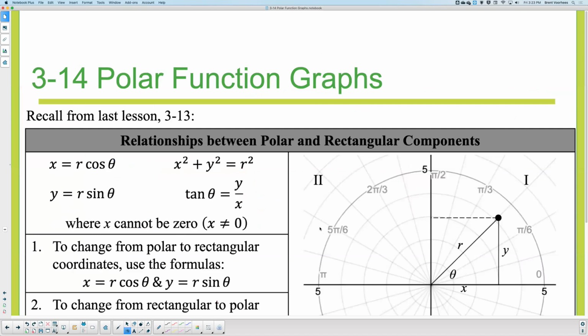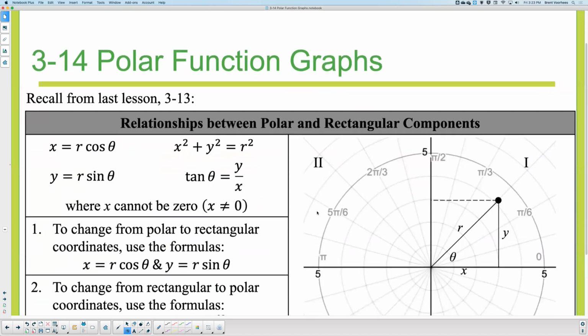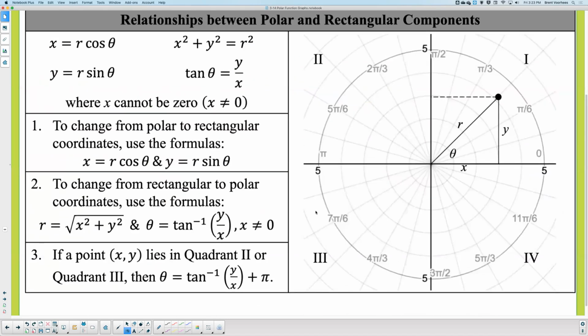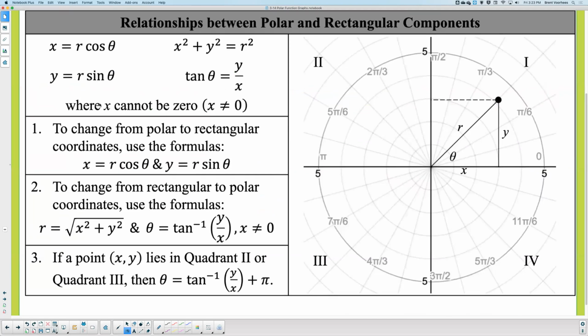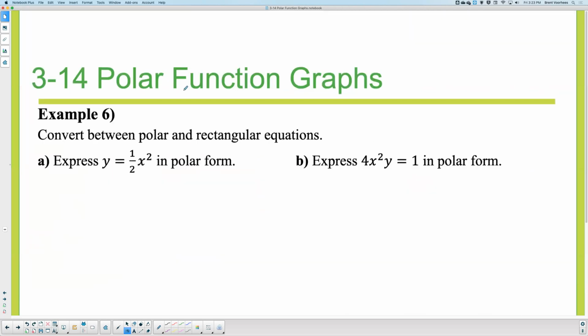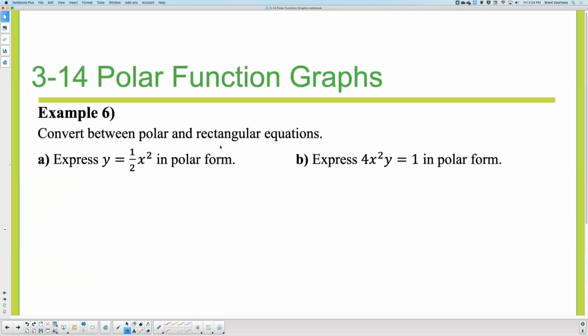All right. Now, from last lesson, when we talked about polar functions, we went through and had these four formulas right up here and these rules to help us find a point. We're going to use all these four formulas, and we're going to convert from polar equations to rectangular and rectangular to polar.